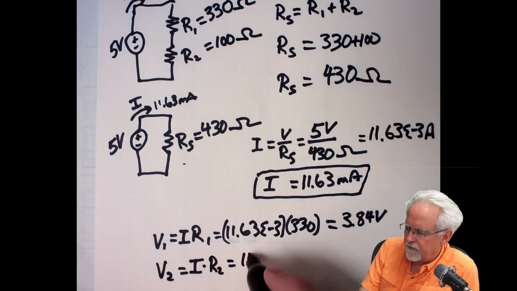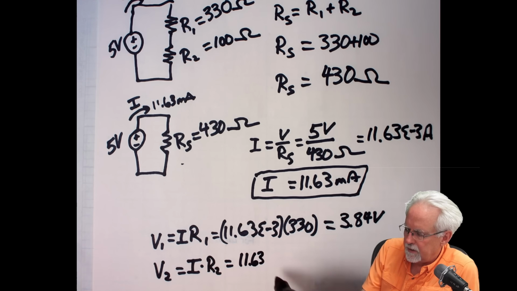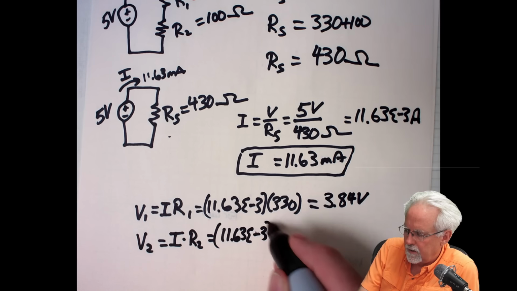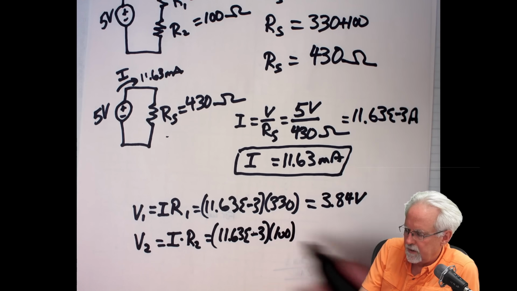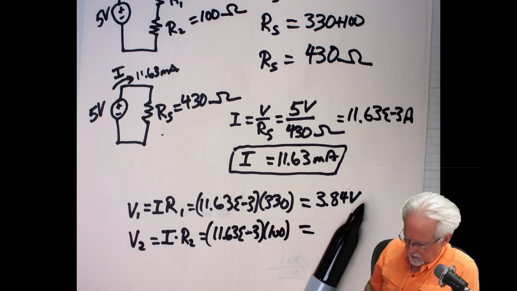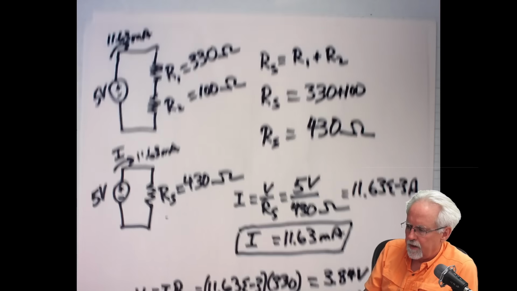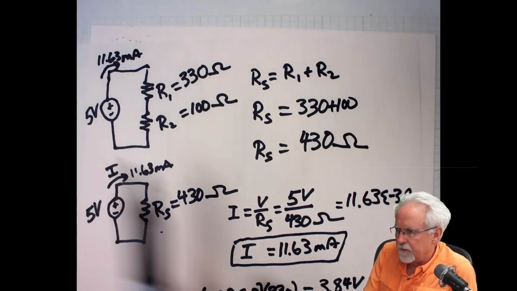That is 11.63 e to the minus 3 times 100 is equal to 1.16 volts.